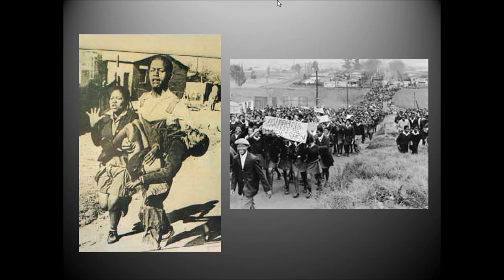Well, eventually, after an hour or two of this march going on, police patrol arrives. Again, some students end up throwing stones, and the police end up firing into the crowd, killing 23 kids. And probably the most enduring image from the Soweto riots is this one over here on the left, which shows a boy and his sister carrying his young dead brother, probably elementary school age, who had been killed by police.